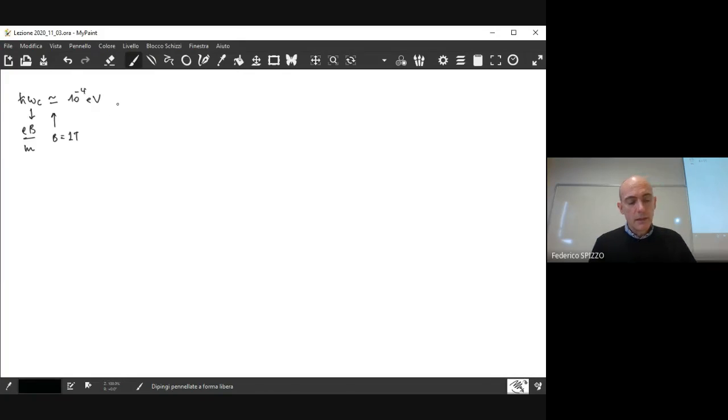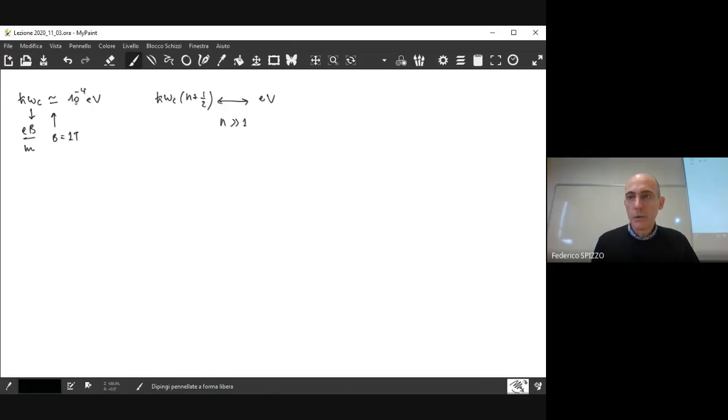So this means that if you want to fix n so that h bar omega c times n plus 1/2 has to be of the order of some eV, as it is in the case of Fermi energy, then n is expected to be very, very large, because if this is 1 eV, you have 1 divided by 10 to the minus 4.